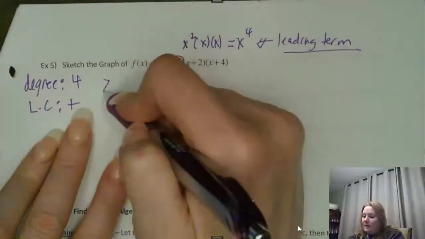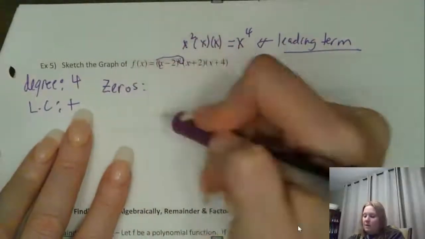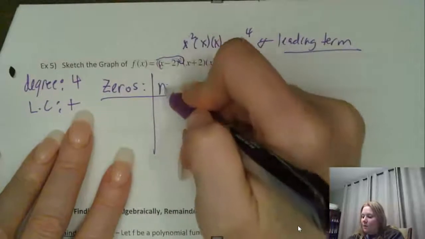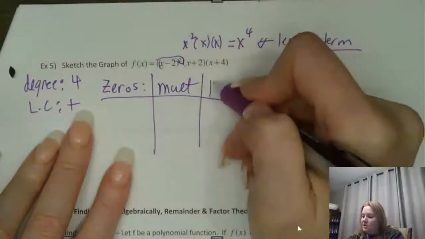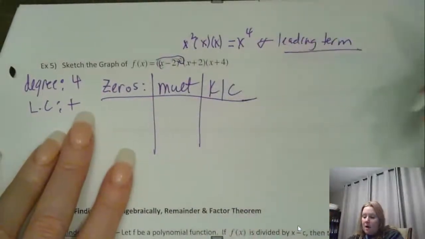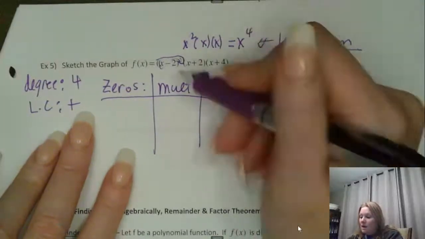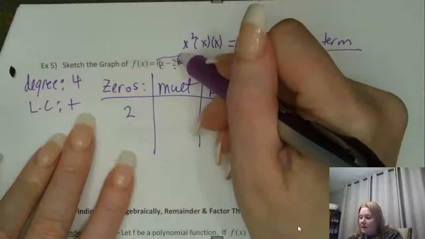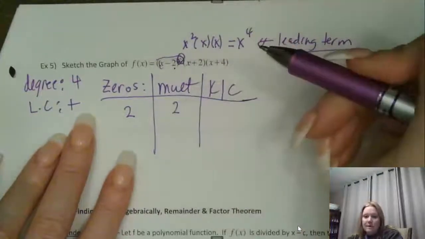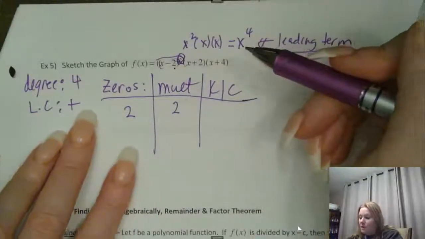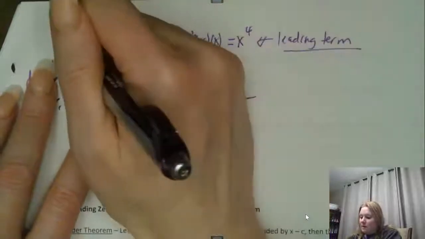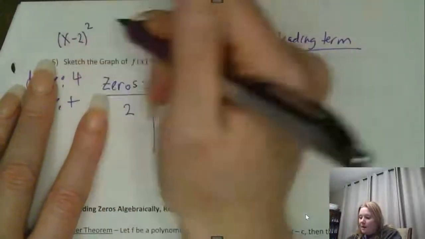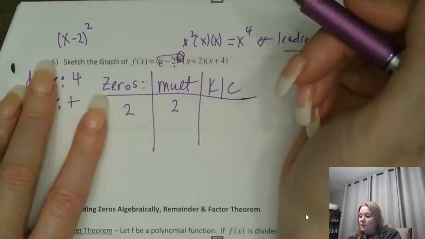Okay, so then I would identify what are the zeros, what's the multiplicity of each zero, and does it kiss or cross the axis? So this has a 0 of 2 and exponent 2, so it has a multiplicity of 2. So this x minus 2 factor occurs twice.